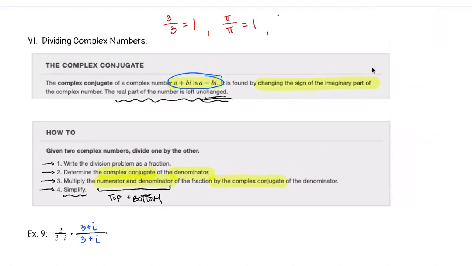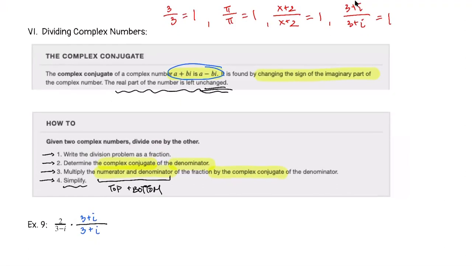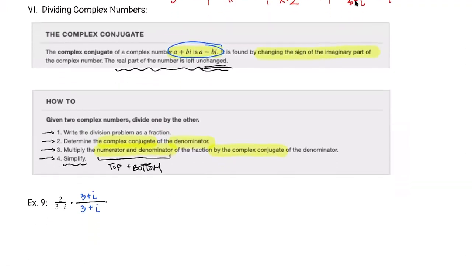What about x plus 2 divided by x plus 2? Yeah, that's also 1. All right, what about 3 plus i divided by 3 plus i? That's 1. Good.